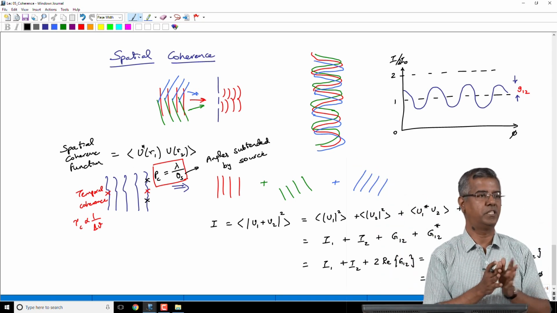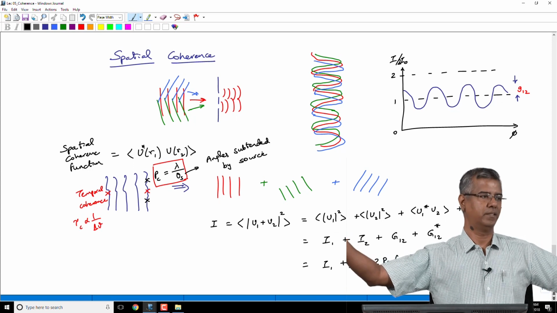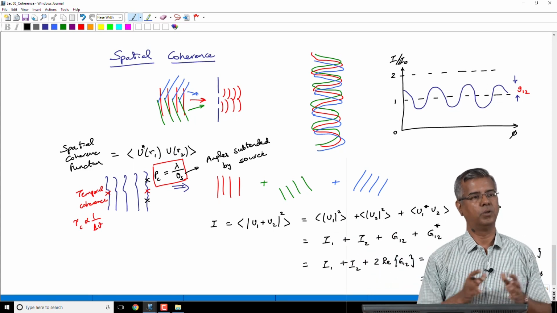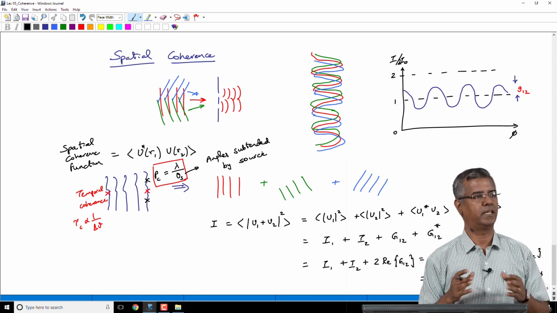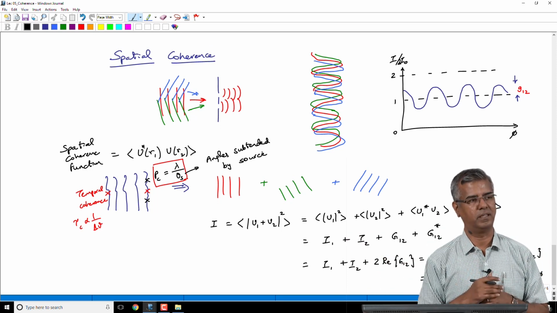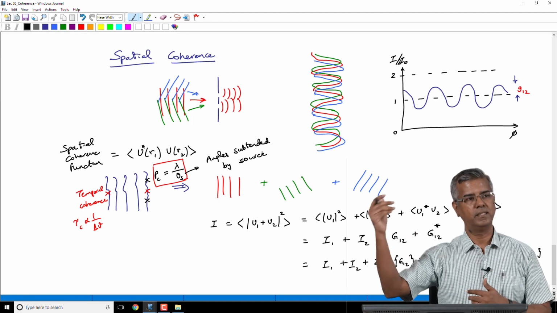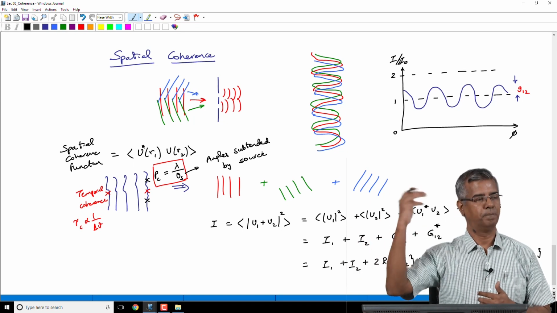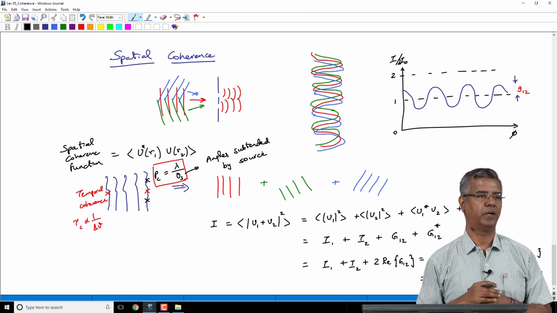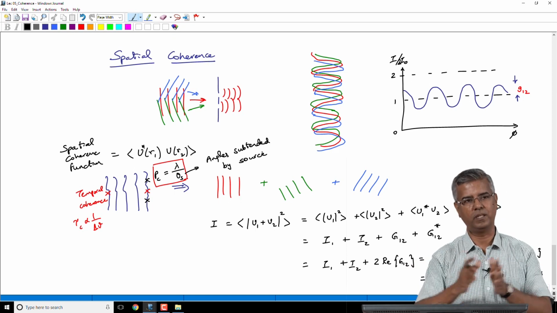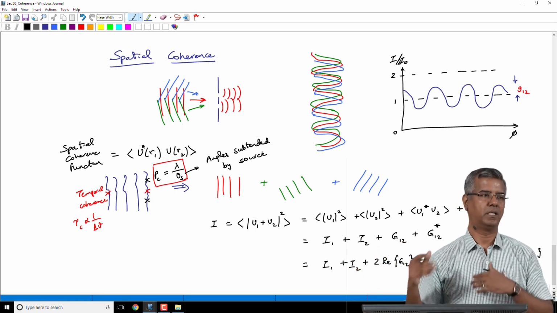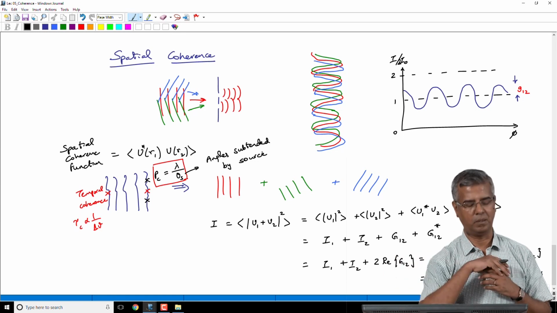Because the emission subtends a large angle, so multiple wave vectors constitute it, and hence the LED is spatially incoherent also, not just temporally incoherent. Temporal incoherence comes from the large spectral width, but spatial incoherence comes from this.